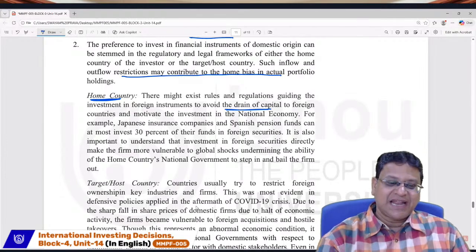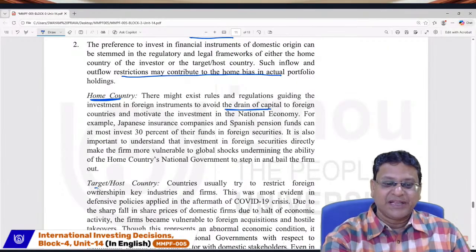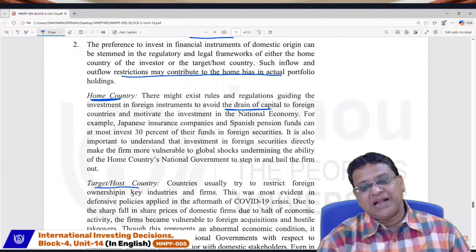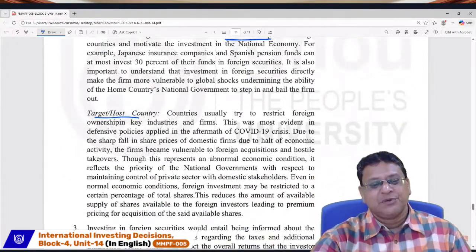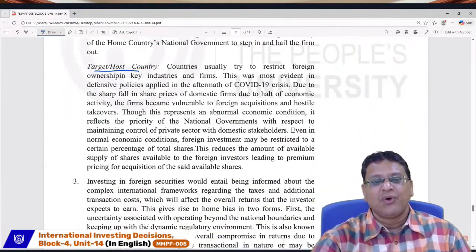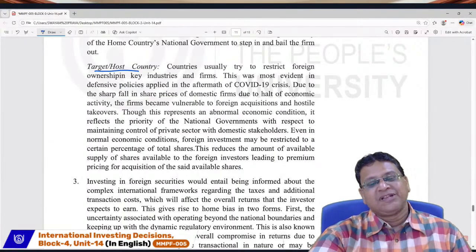Next one is target or host country restriction. We know that host countries sometimes put some restriction on foreign investments.